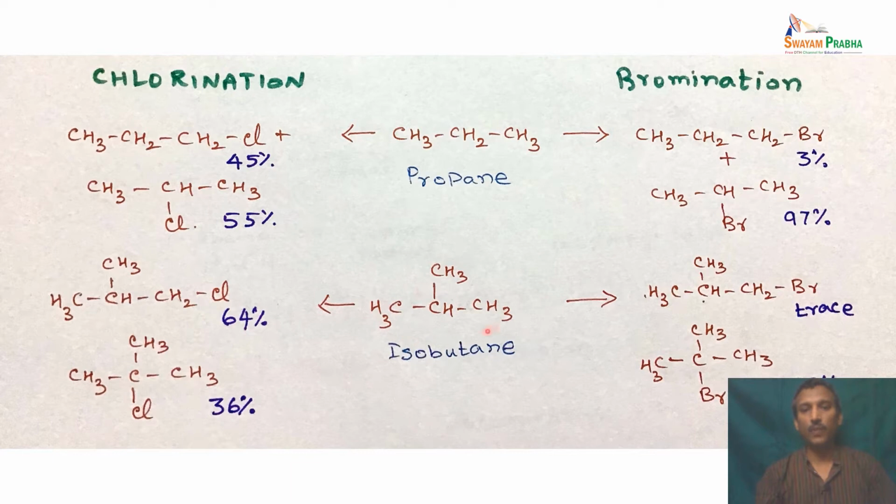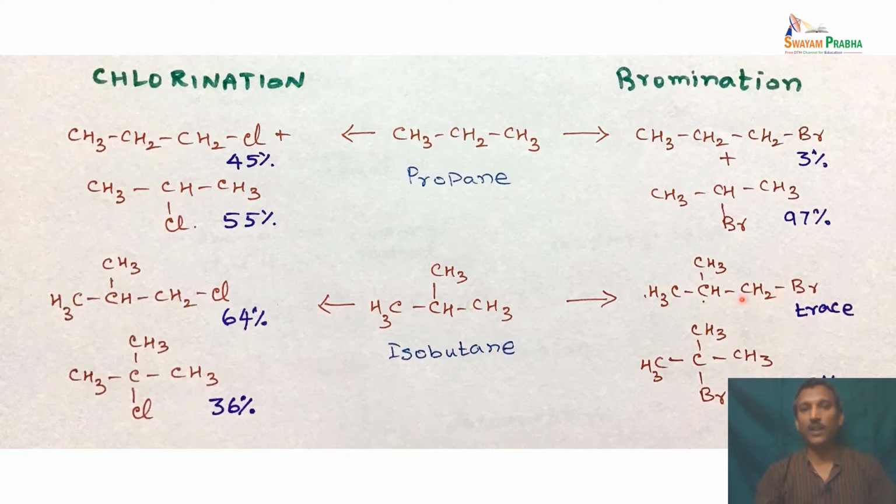In the same way, isobutane also undergoes chlorination to give a 65-35 ratio of the primary and the tertiary chloro derivatives, whereas when we take bromination, we get only a trace amount of the primary alkyl bromide.